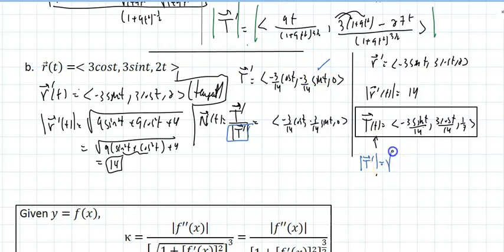The magnitude of this is the square root of 9 over 14 squared cosine squared of t plus 9 over 14 squared sine squared of t. Isn't that the square root of 9/14? Yeah, you factor that out of those, that's what you get. So, if I'm going to divide by this, wouldn't that be the square root of 14 over the square root of 9? And of course that simplifies. That's radical 14 over 3.